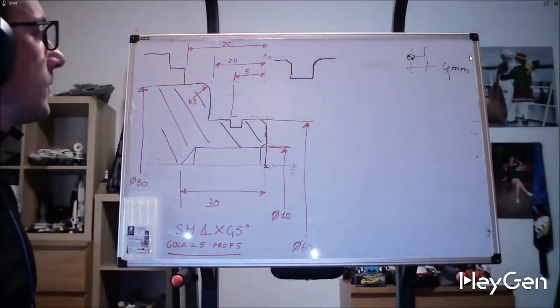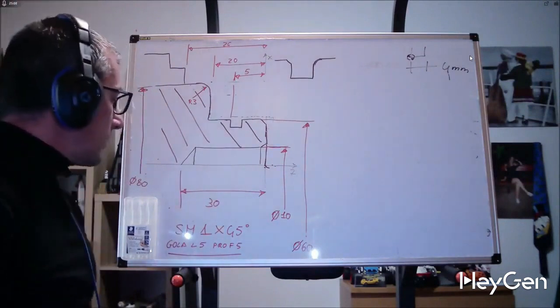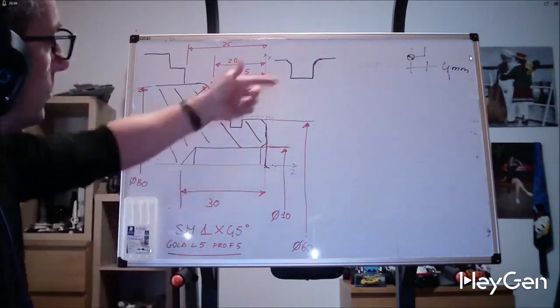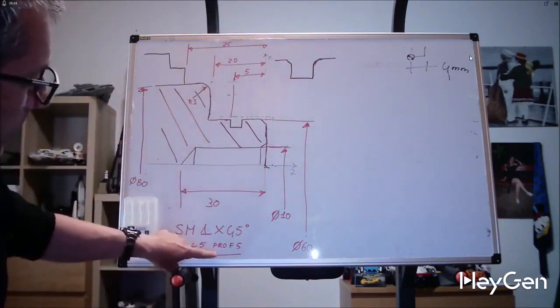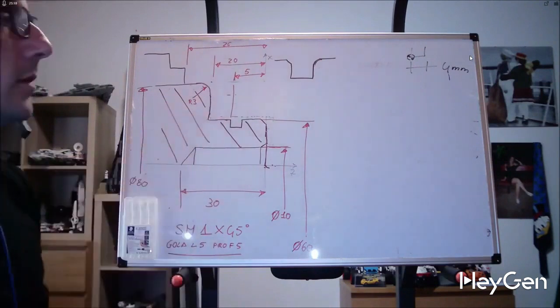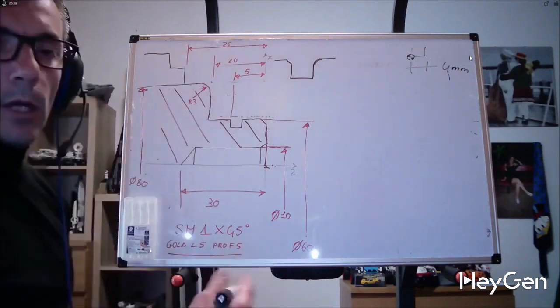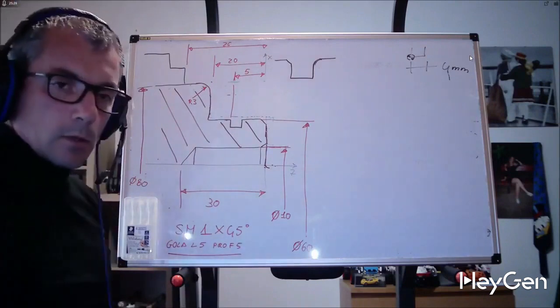point by point, very simply. What do we do? Let's not worry, as always, about many things like chips. The chamfer is 1, the radius is 1, the groove is 5 wide and 5 millimeters deep, which means it goes from a diameter of 60 down to a diameter of 50.